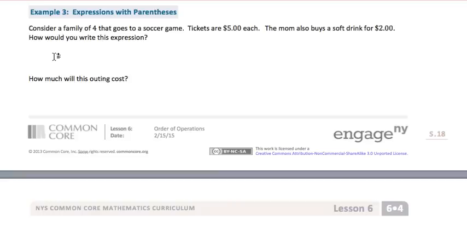This particular expression would be 4 times 5 and then plus 2. And the outing will cost $22.